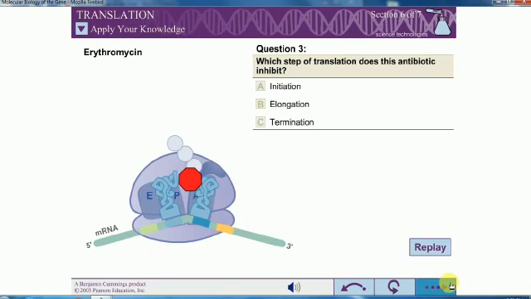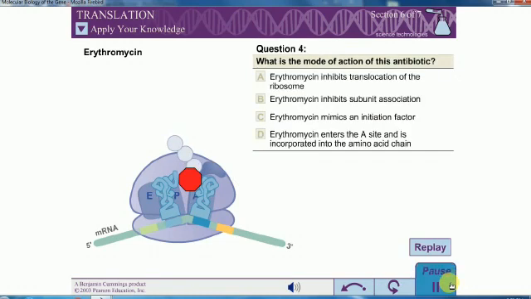What is the mode of action of this antibiotic? Question 5.